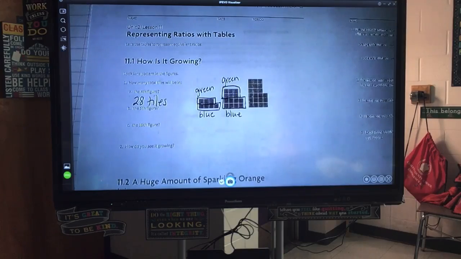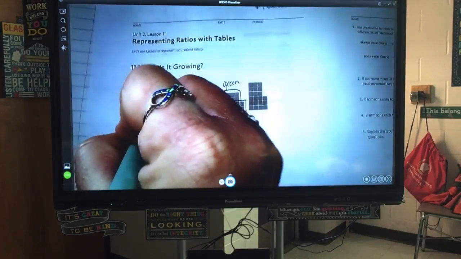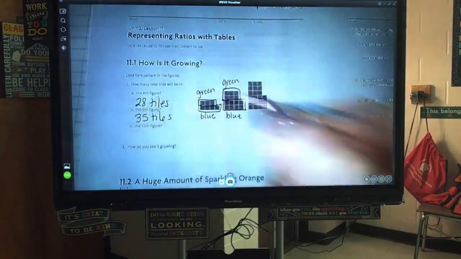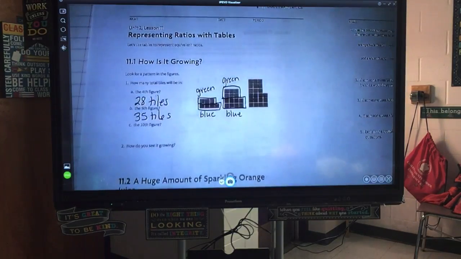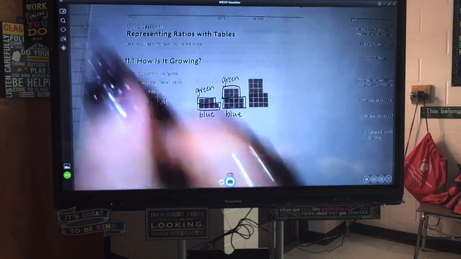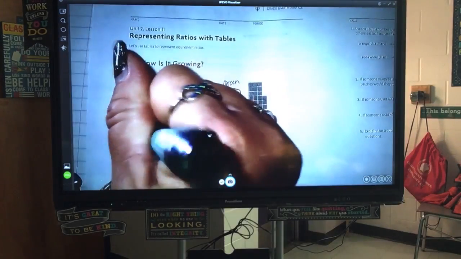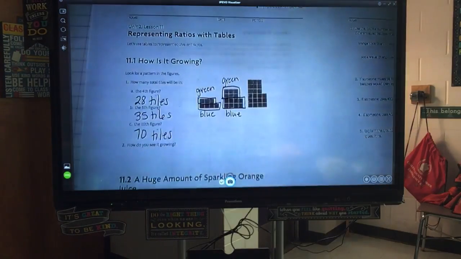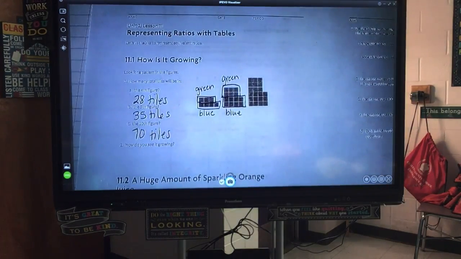Christiana? 35. Alright, and then what about the 10th figure? 70. And did you guys all use the same logic of I'm just gonna add 7 and 7 and 7? Or did you guys start multiplying by 7? You multiplied by 7?